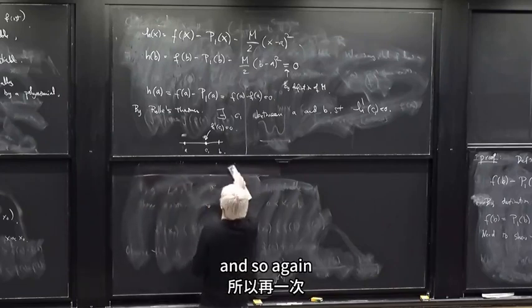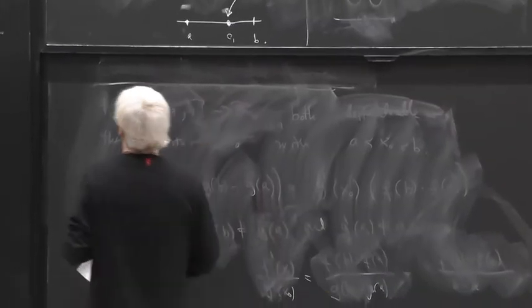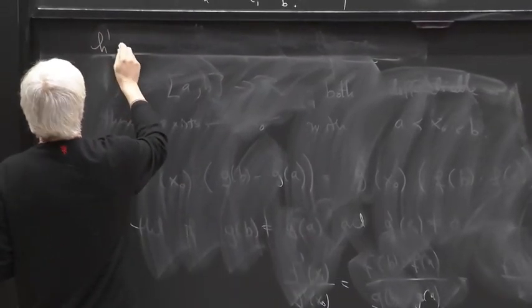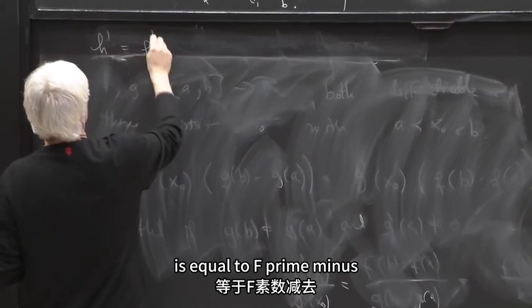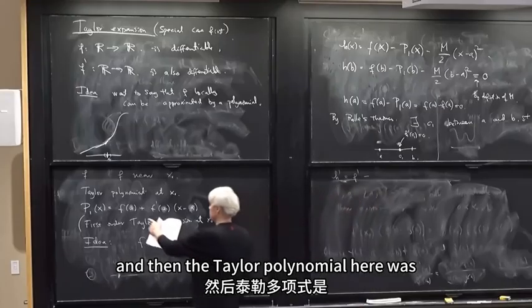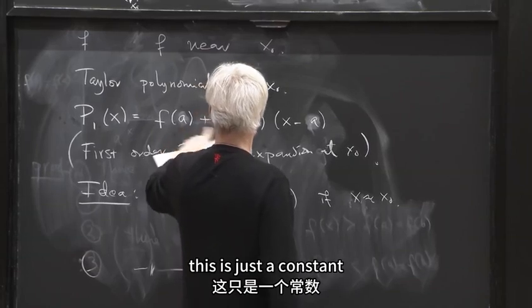And so again, we have h up there at the top. And so this means that h prime is equal to f prime minus, and then the Taylor polynomial. This is just, when you take derivative, this is just a constant.